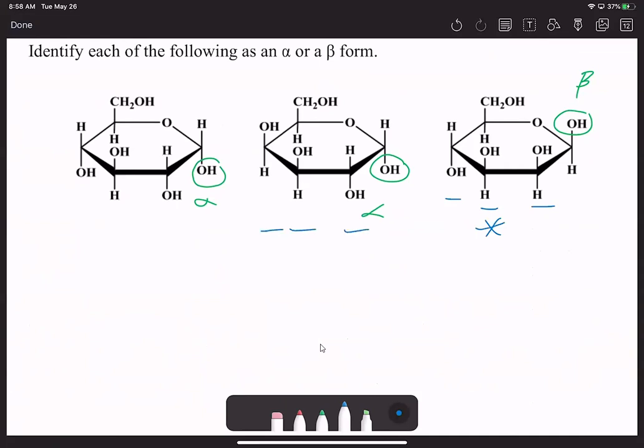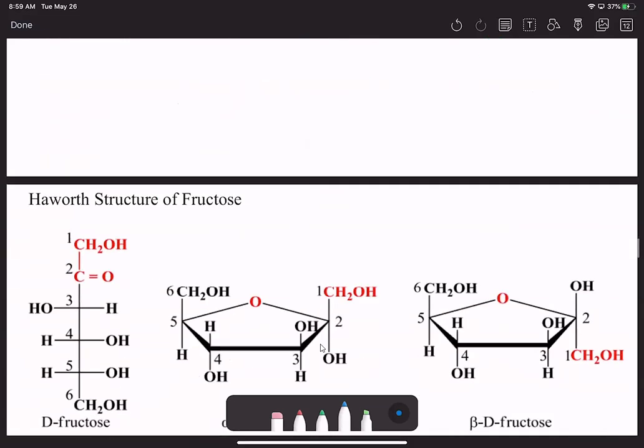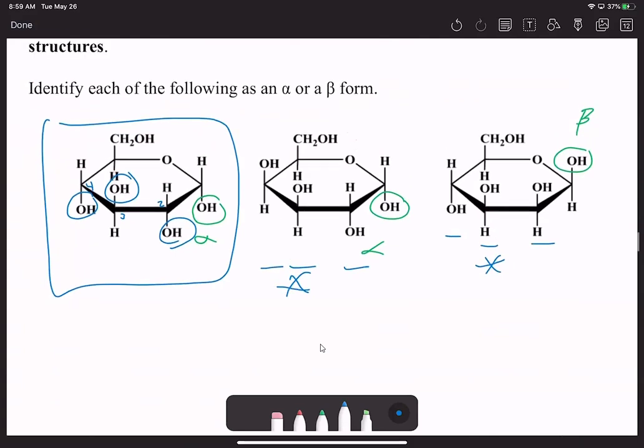Down, up, up. Yeah, that's not glucose. Down, up, down. That is glucose. Because I've looked at carbons number 2, 3, and 4, and I found that pattern of down, up, down.